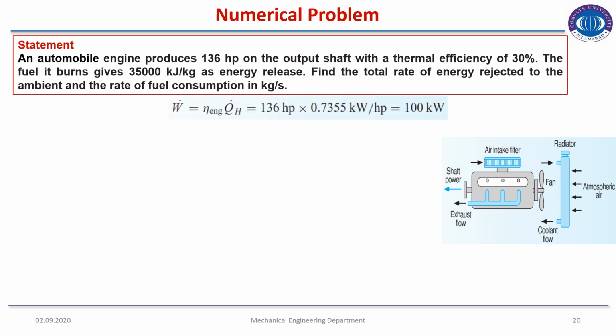So first of all, the power given to us in the statement is in horsepower. We have converted it into kilowatts. So that is the formula to convert horsepower into kilowatt. And Q dot H, or rate of heat transfer, is W dot divided by efficiency.